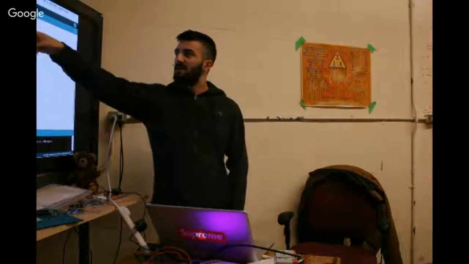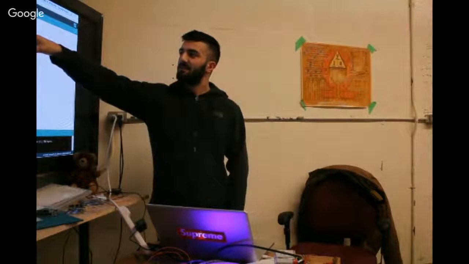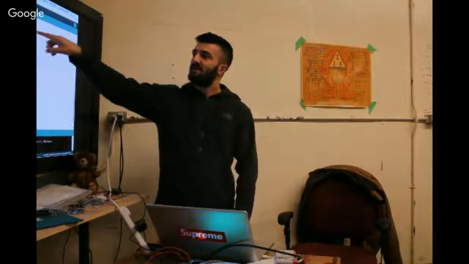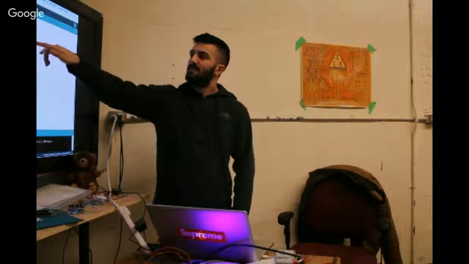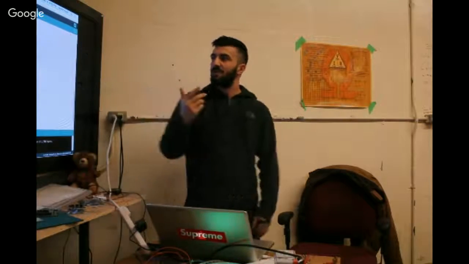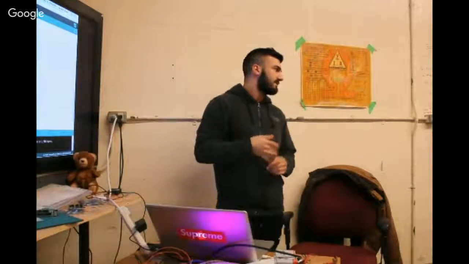So if there's motion and the button has not been pressed, we'll turn the fan state to 1. Basically, if we want it on, it's going to be 1. If we don't want it on, it's going to be 0.